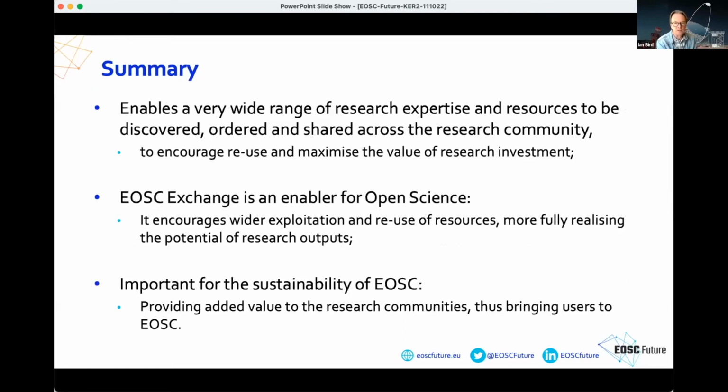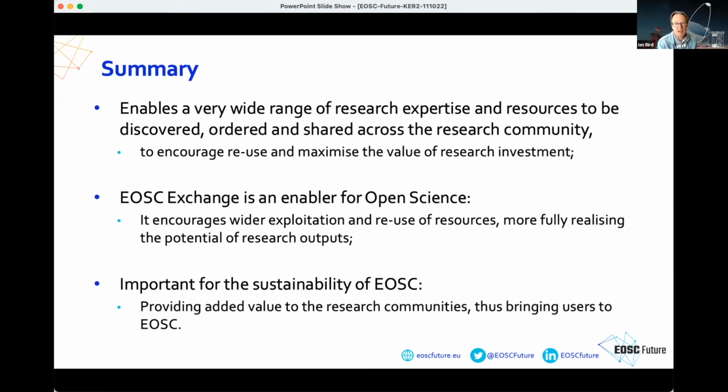So just to summarize, I think the exchange will enable a very wide range of research expertise and resources to be discovered, ordered, and shared across the research community. And this will encourage reuse and maximize the value of existing investments.